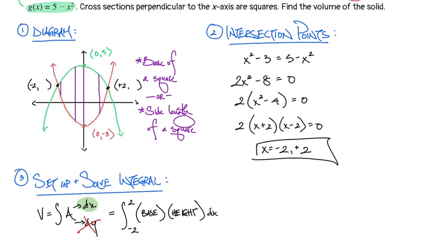So when I do top curve minus bottom curve, that will give me the base. How do I get the height? Yeah, in this case, the height is exactly the same as the base because it's a square. And so whatever we write for base, we're going to be able to write that again for the height. Okay.